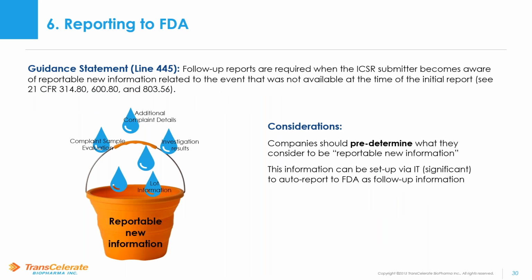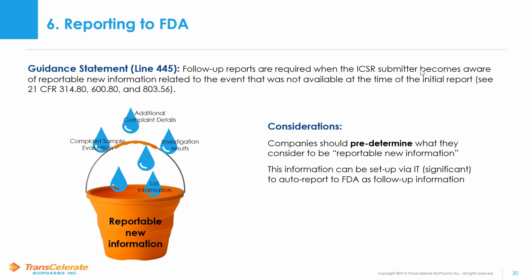So reporting follow-up to FDA. Follow-up reports are required when the individual case safety report submitter becomes aware of reportable new information that wasn't available at the time of the initial report. So one of the things you want to consider doing is predetermining what your company considers to be reportable new information.